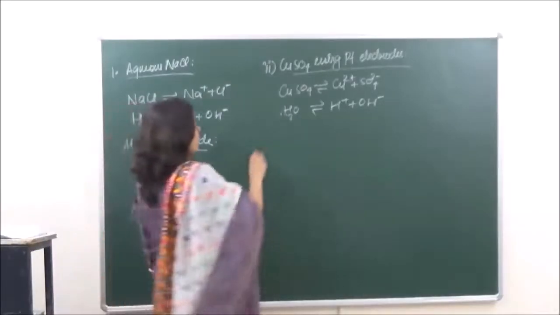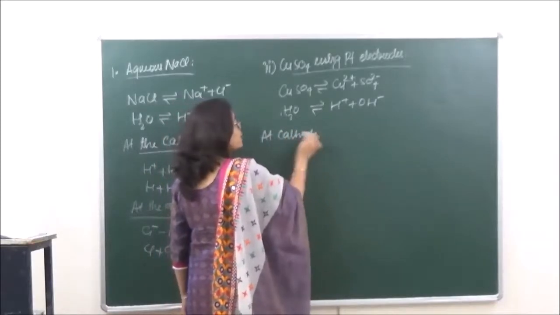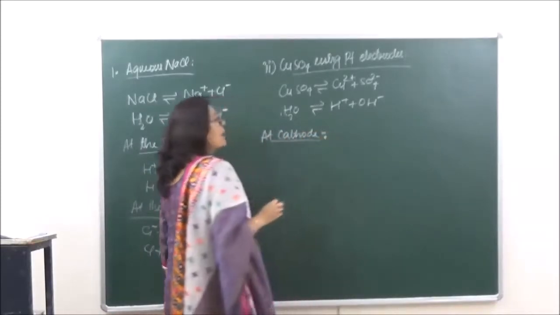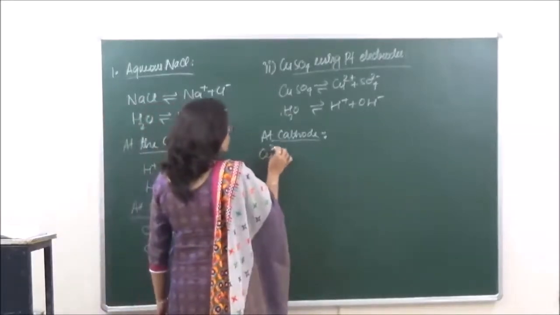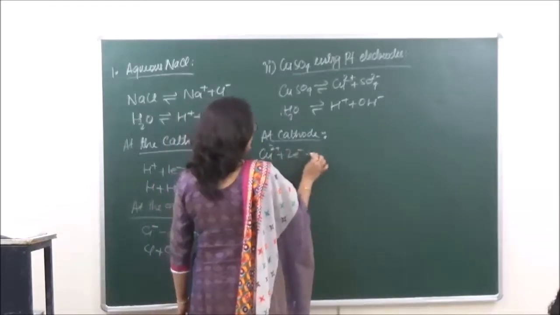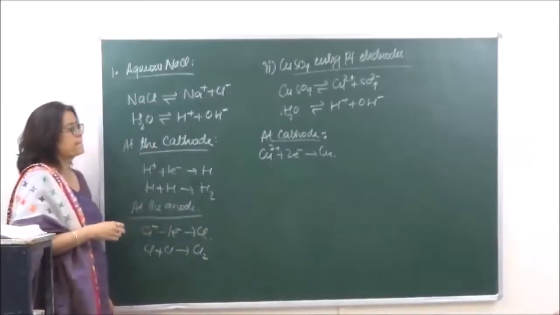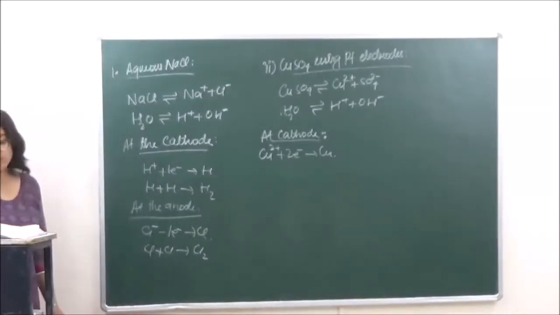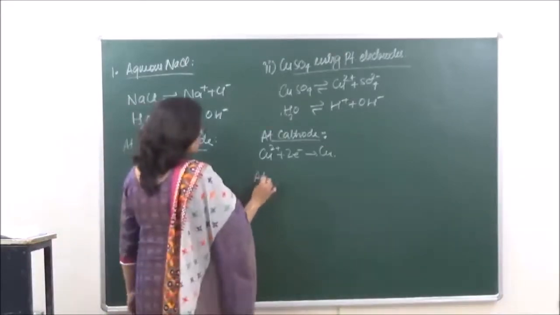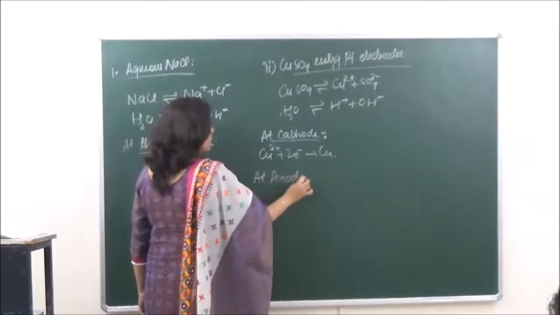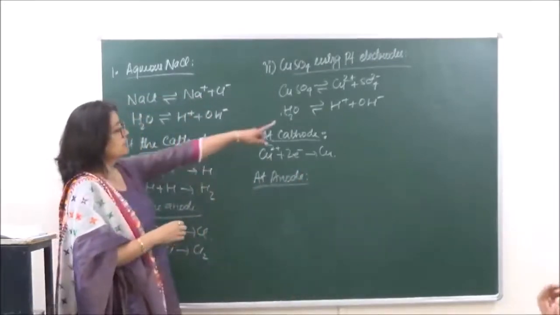Okay. Now, when we are looking at the reaction at the cathode, copper has a lower value of discharge potential. So at cathode, Cu2+ is going to gain 2 electrons to give us copper. So hydrogen will not be liberated over here, and at anode, the lower value is that of OH-.